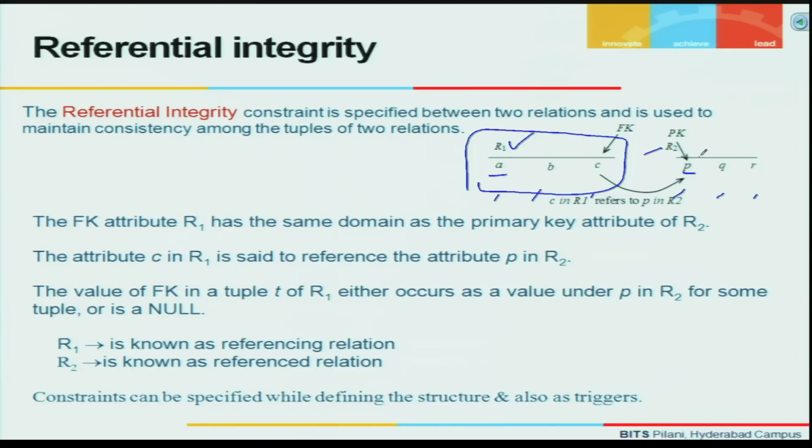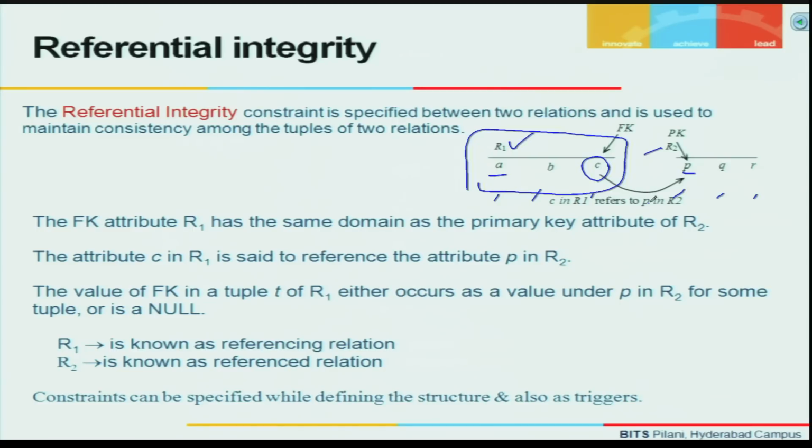Now I can specify a referential integrity constraint in the form of a foreign key, that is, I can make the attribute C in relation R1 a foreign key which refers to the primary key of the relation R2. That means C in R1 refers to P in R2.